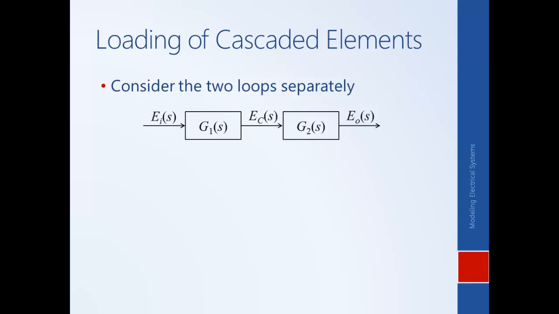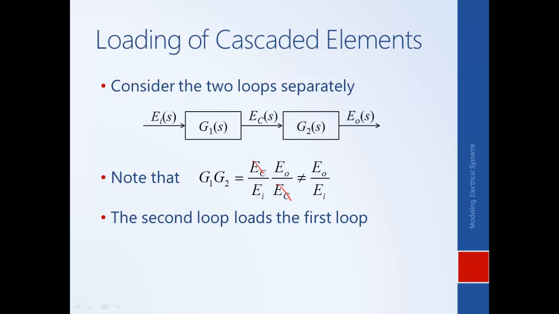So for example, G1 is output over input, EC over EI, and G2 is output over input, EO over EC. Typically we treat the ECs as canceling, which should give us the same transfer function that we found originally. But that's not the case.